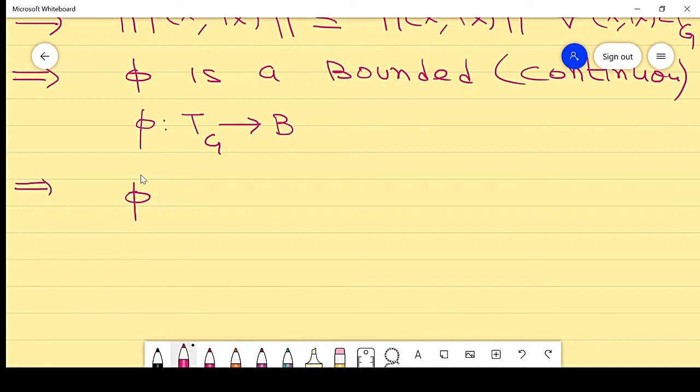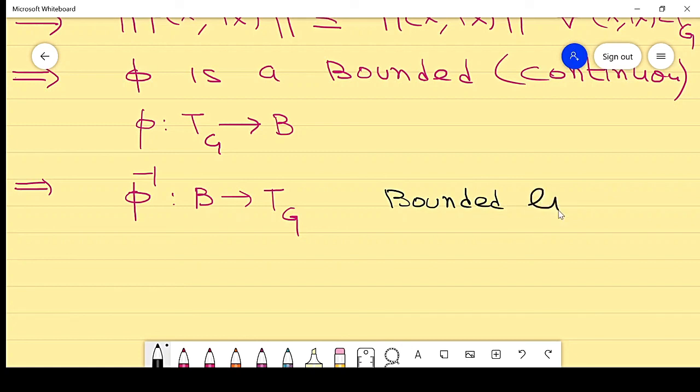So phi inverse from B to Tg is also a bounded linear transformation. Clear? Because phi is a bounded linear transformation, 1-1 and onto, its inverse is also a bounded linear transformation.